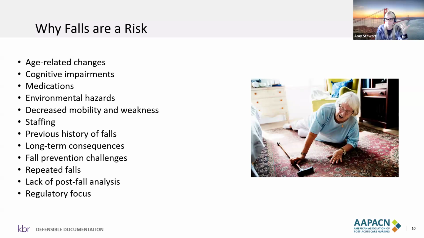Does this person have arthritis? Are they on medications such as diuretics that may make them a higher risk for falls? I already mentioned the history, but did they have a previous fall that resulted in an injury that now makes them deconditioned, which puts them at risk for future falls? So just using this and then that post-fall analysis, which we both mentioned.